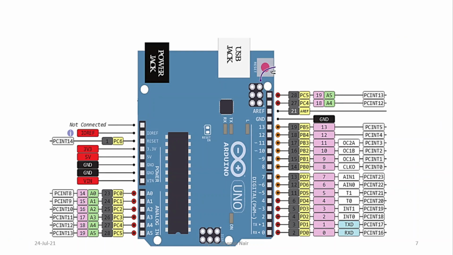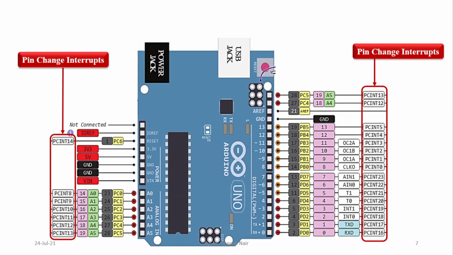Now after that there are pins shown in gray which are called pin change interrupts. So these pins can be used to generate interrupts using the Arduino board, which are not physically the interrupt pins.